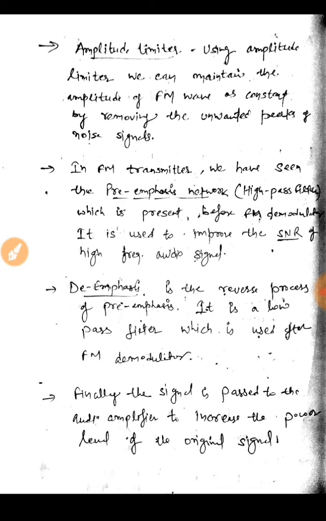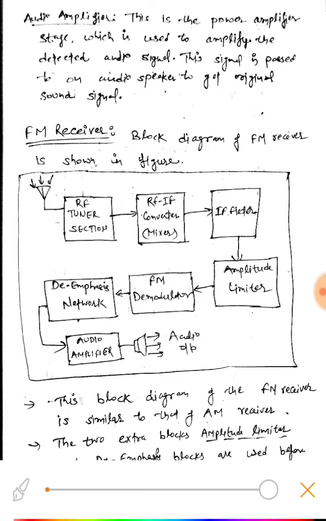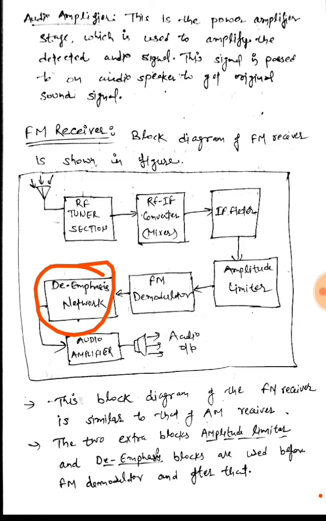In the FM transmitter we have seen the pre-emphasis circuit, which was nothing but a high pass filter to remove the unwanted noise and unwanted signals. Similarly, here after the FM demodulator we have a de-emphasis network, which is nothing but a low pass filter.